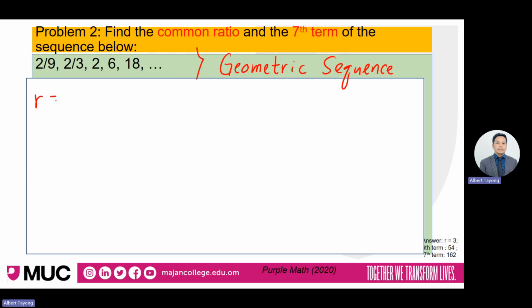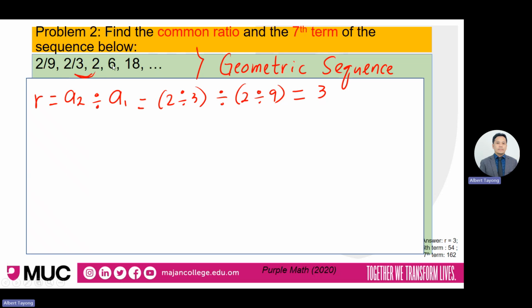So R is equal to the second divided by the first, or any consecutive terms. So we have 2 divided by 3, that's 2/3, divide 2 divided by 9 or 2 over 9. Of course, our R will be equal to 3.